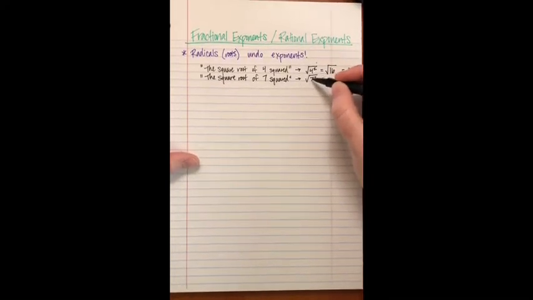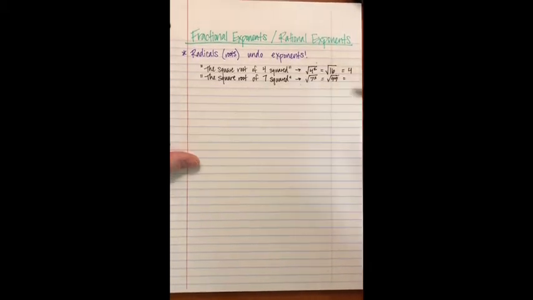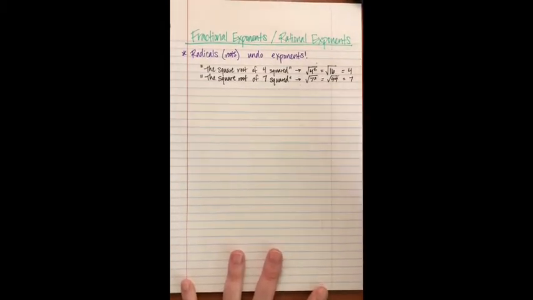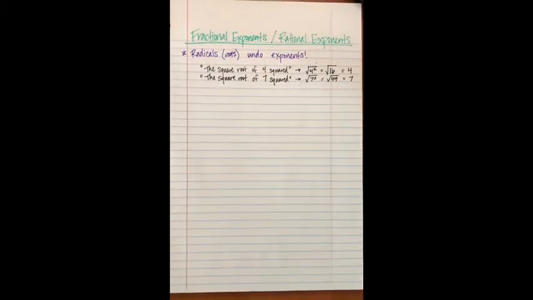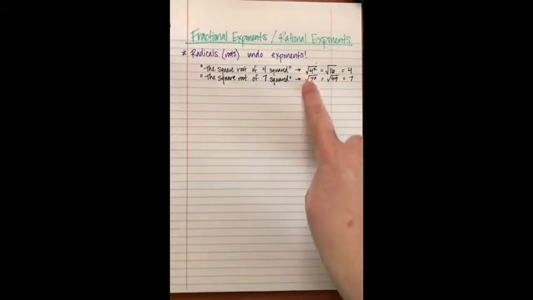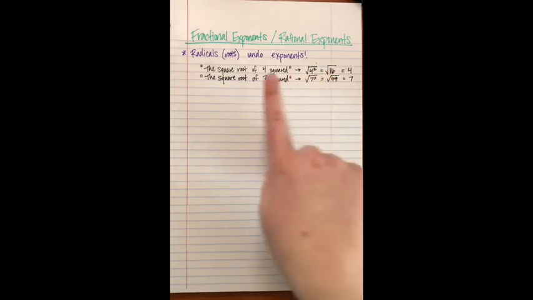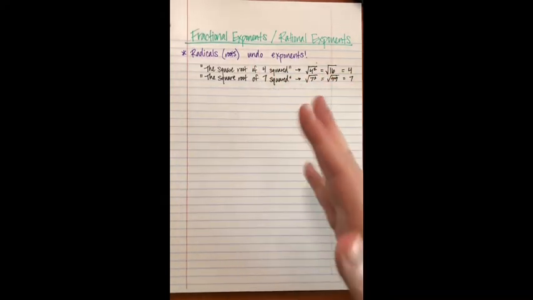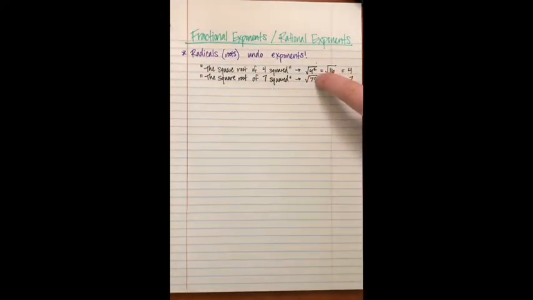To simplify, I would simplify the radicand first, the number inside. 7 squared is 49, so I'm trying to find the square root of 49. 49 is a perfect square. What's the square root of 49? 7. I'm hoping you're seeing that this square root actually undoes or cancels out the exponent of 2. This radical cancels out the 2, and I'm left with 7 as my final answer.